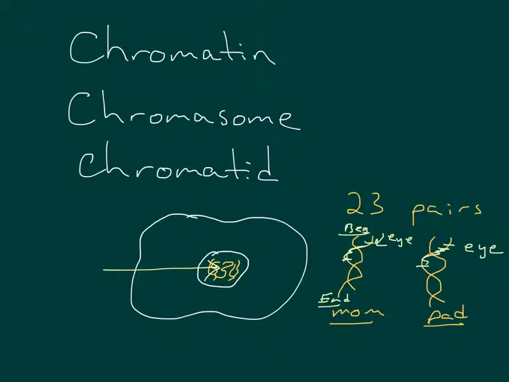Each of them has a beginning and an end, the one from mom and the one from dad, all 23 different chromosomes. But when they're all unwound, they're so long, 3 meters long each, and they're all unwound in this tiny little space inside a nucleus, that all you see is a bunch of little strings inside the nucleus. We call that chromatin.